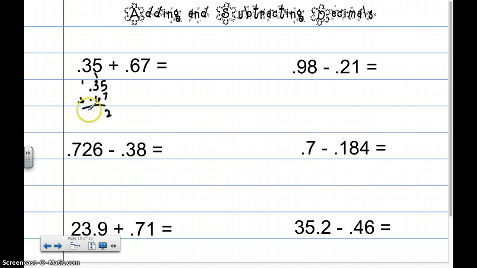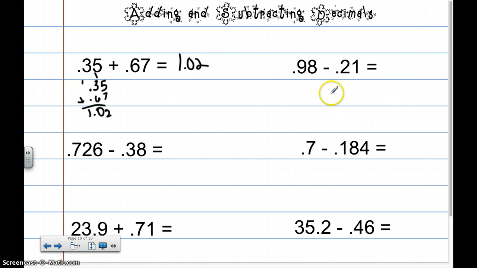That's going to come over here. So what that's going to do is give me a whole number and a decimal. So it's going to be 1 and 2 hundredths, because that 1 carries over to the other side of the decimal now.